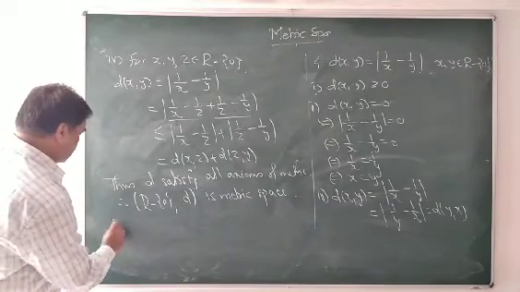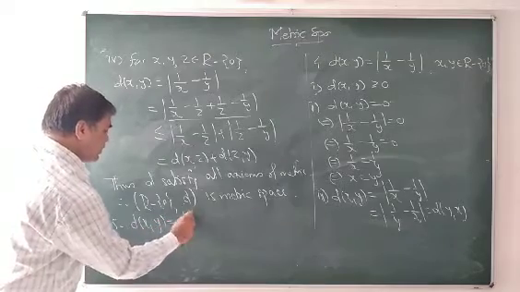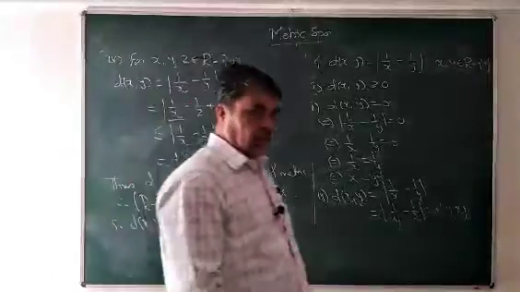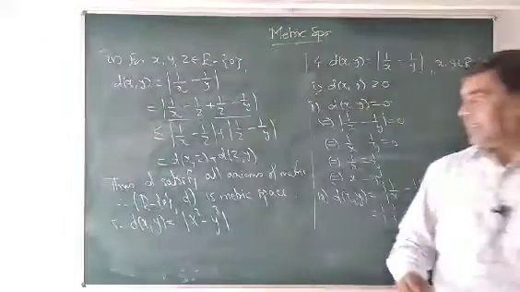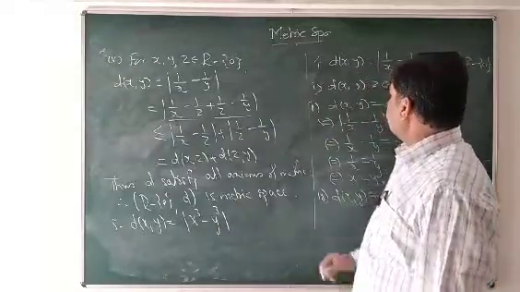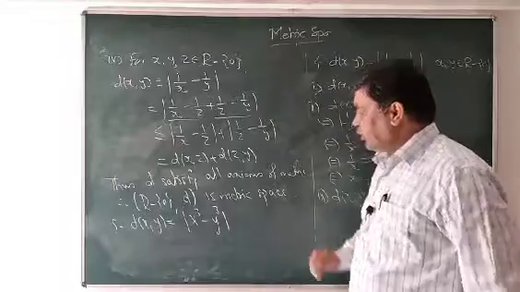If I take the fifth example, d of xy is equal to mod of x cube minus y cube, then we have to check whether it is metric or not. Again, for this mod of x cube minus y cube, it is greater than or equal to 0.